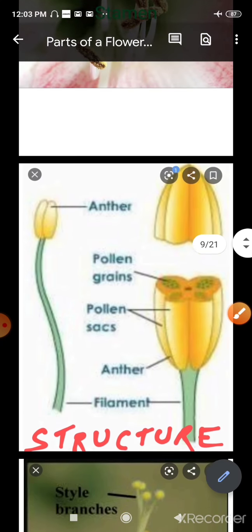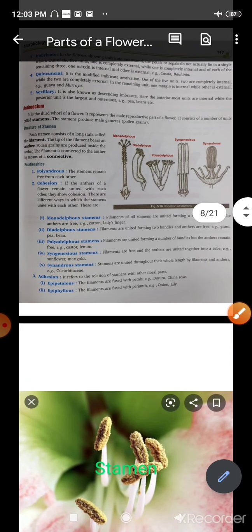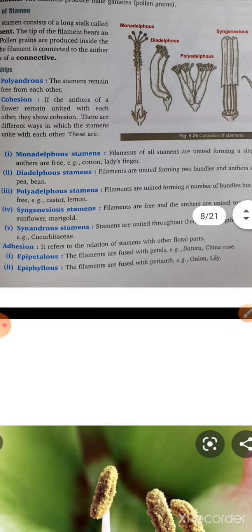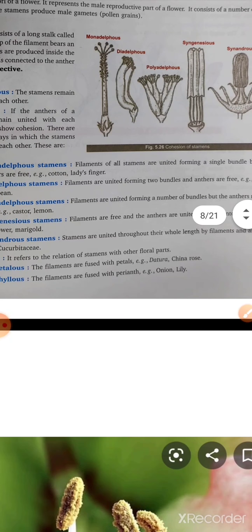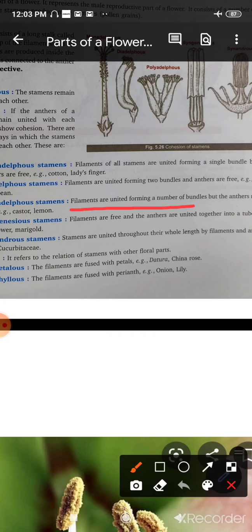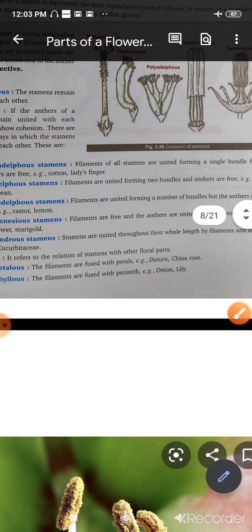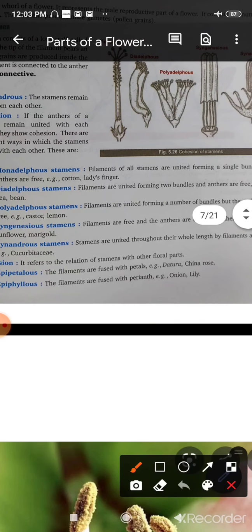We move on to the next kind of stamen, that is diadelphous, where the filaments are united, forming 2 bundles. Here you will see there are 2 bundles, and the anthers are free.